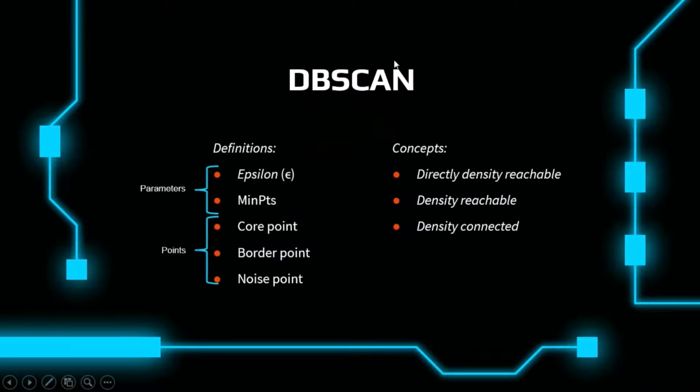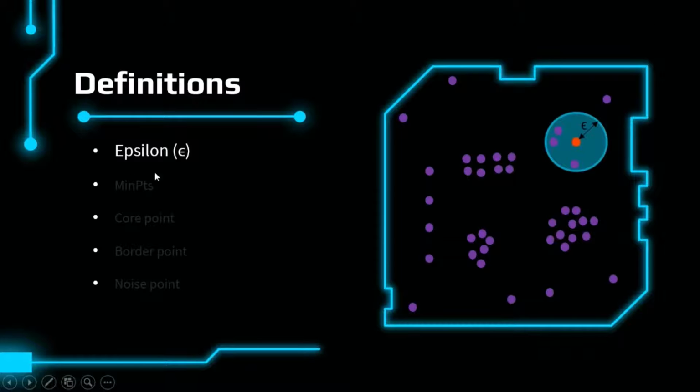First of all, we will see some definitions, like parameters, kinds of points, and concepts. The first parameter is epsilon. Epsilon is a metric that in most cases we use as a Euclidean distance. When we select a random point, like this red one, we can search around it within this epsilon radius area, like this circle.